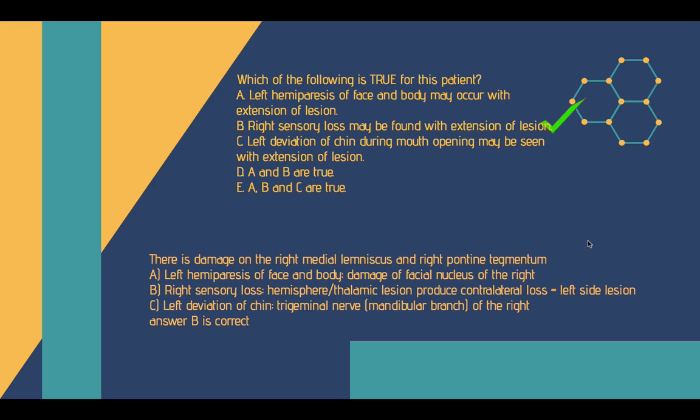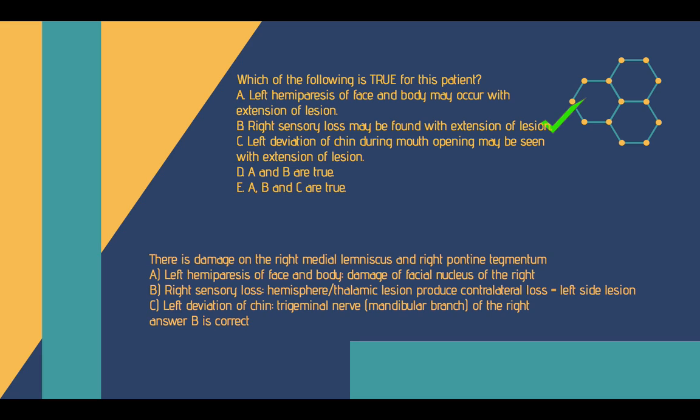So for this question, there is damage on the right medial lemniscus and the right pontine tegmentum, which means that for A and C, A shows damage of the facial nucleus on the right, and C shows trigeminal nerve and mandibular branch damage on the right side. And since the patient has damage on the right side of the medial lemniscus and pontine tegmentum, it means that A and C are not possible because there is damage on the right side.